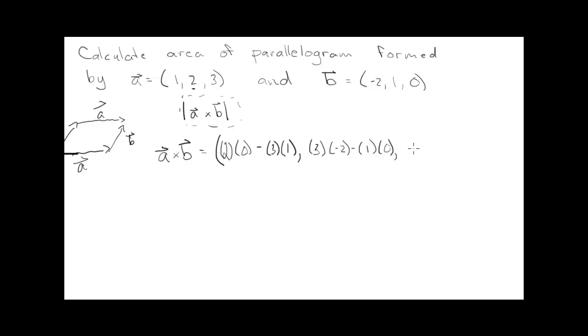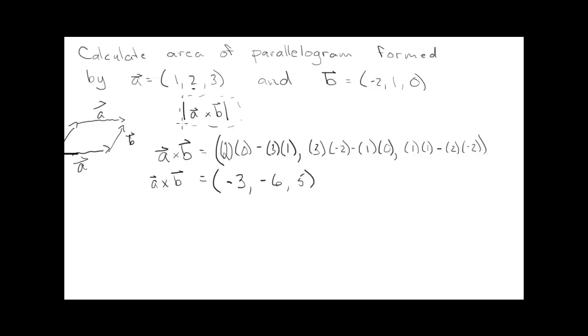That's your y component. And then your z component is A1 B2 minus A2 B1. Figure out what that vector is. So that's negative 3, negative 6, and 1 plus 4, 5. So this is A cross B.